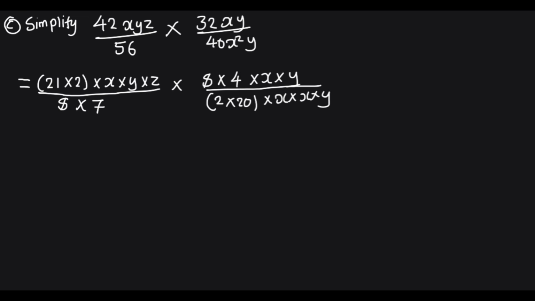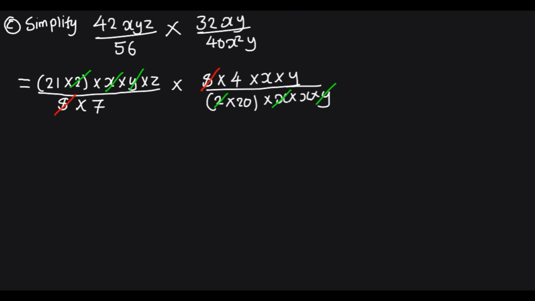Now let's see what we can cancel. I can cancel these two, I can cancel these two, we can cancel this x, this x, we can cancel this y, also this y. Then let's also cancel the diagonal. We can cancel this 8, we can cancel this 8.